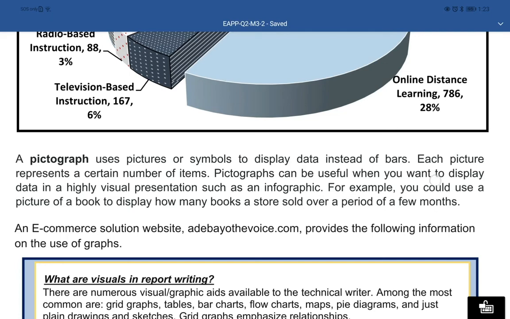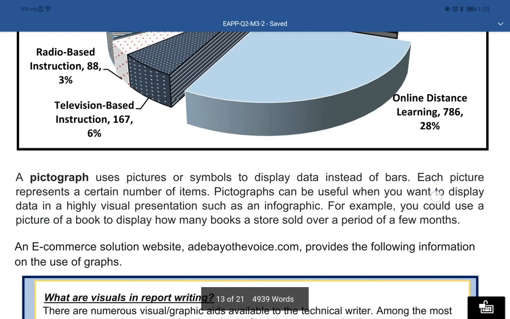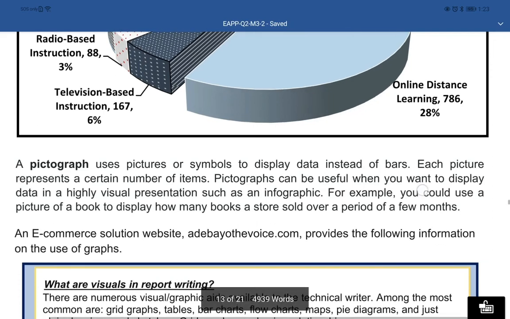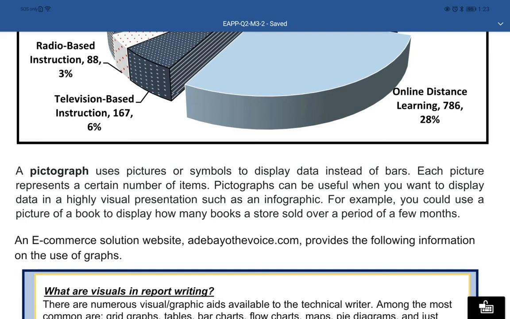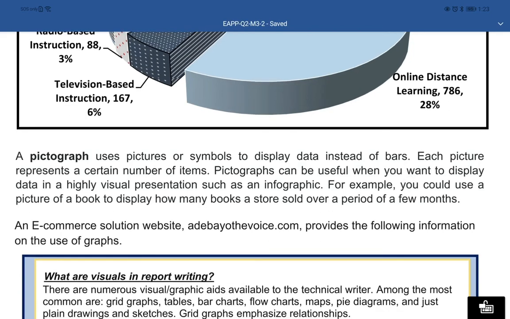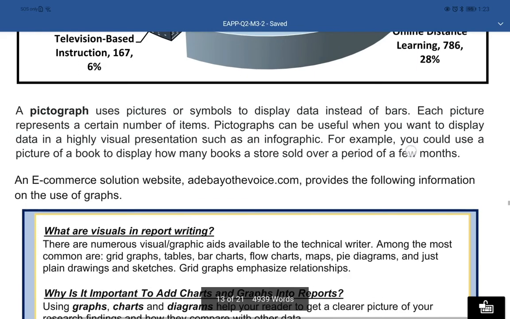Okay, and then we have the pictograph. The pictograph uses pictures. From the word picture. So, gumagamit kayo ng pictures. Halimbawa, nakakita na ba kayo ng, ang tawag doon, yung food chain graphics, yung may nakalagay na, halimbawa, worm.